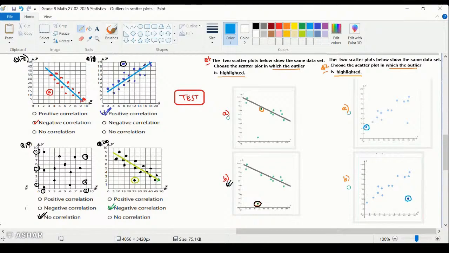When we draw the trend lines, the trend line is like this and the trend line is like this, right? So which point should be the outlier? Not this point, because this point is very near the line of best fit. So option B, right? Thank you.